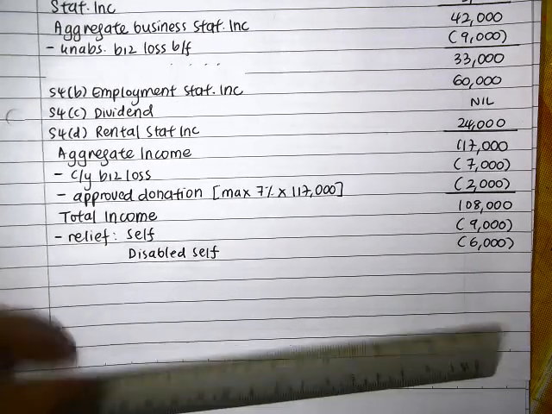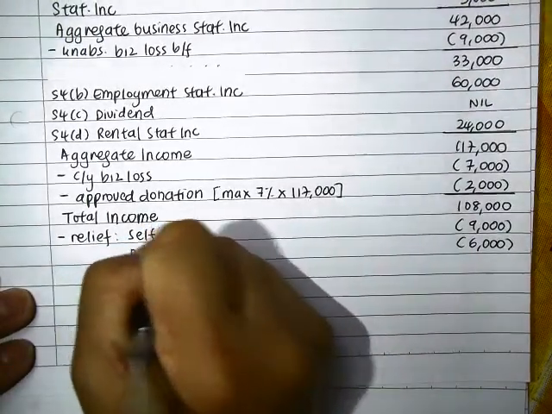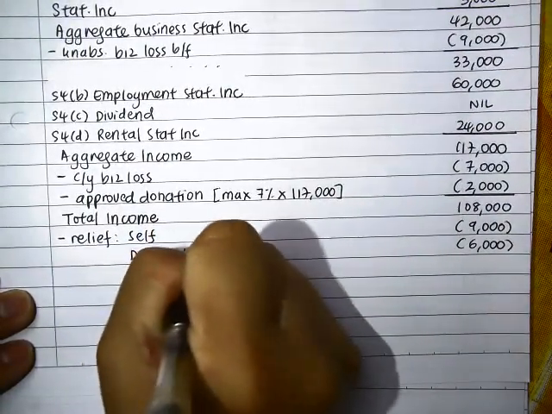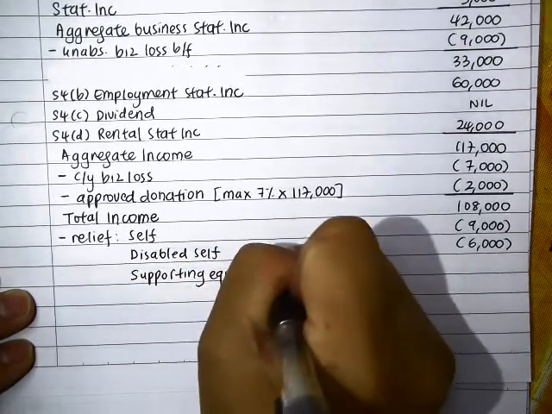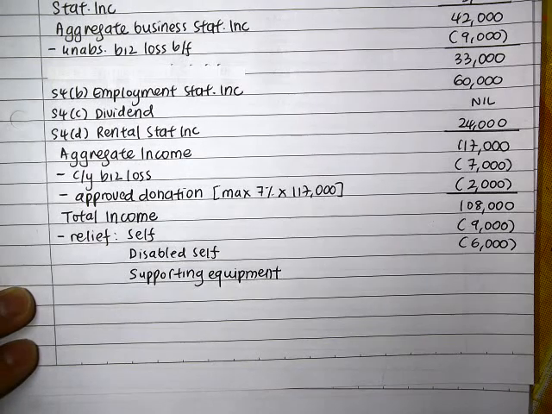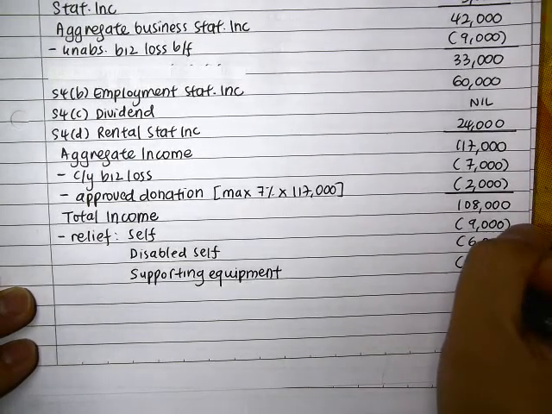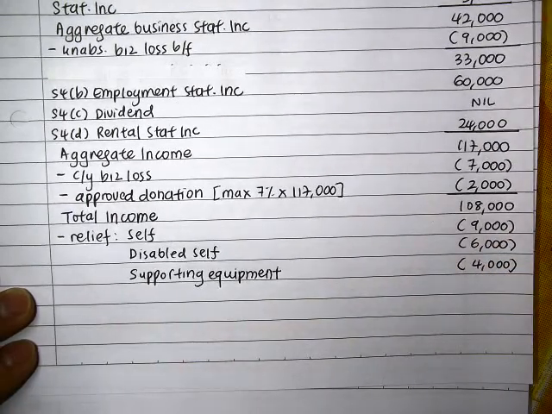They mentioned that Kasim bought a wheelchair. Wheelchair is a form of supporting equipment. Maximum you get 5,000. In this case, it's 4,000.